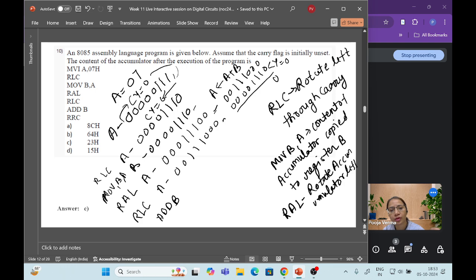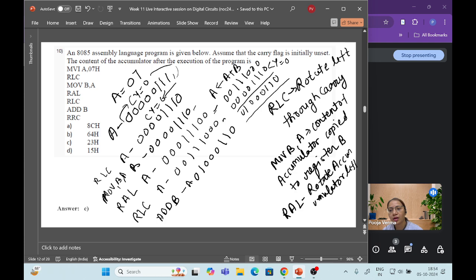So now see, the new content in the accumulator will be 0 1 0 0 0 1 1 0 and stored in the accumulator.